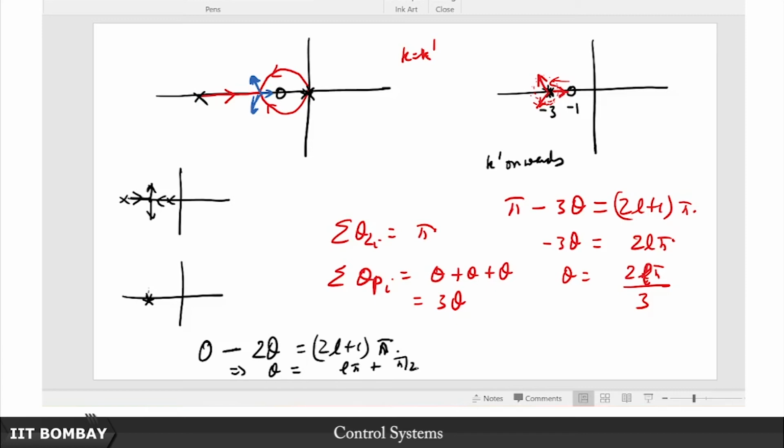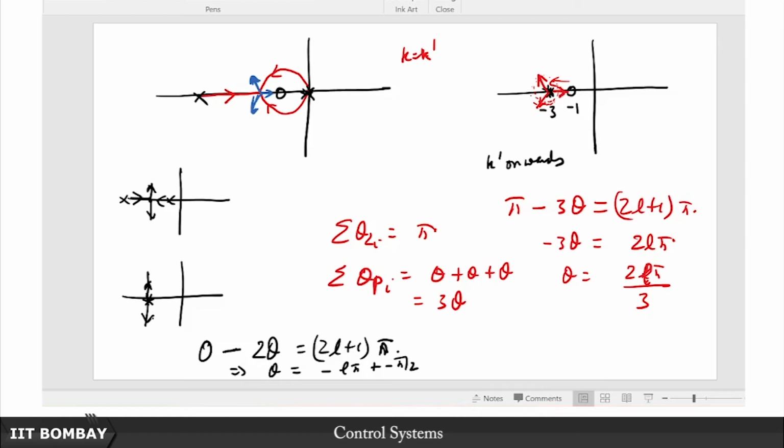plus pi by 2, of course with a minus sign ahead of each of them, but really that does not matter, because you put L is equal to 0, this is minus pi by 2, you put L is equal to 1, that is minus 3 pi by 2, which is again plus pi by 2. So you can deduce that at this breakaway point, which corresponds to the collision of 2 branches on the real axis, the branches will always break away in a perpendicular direction.